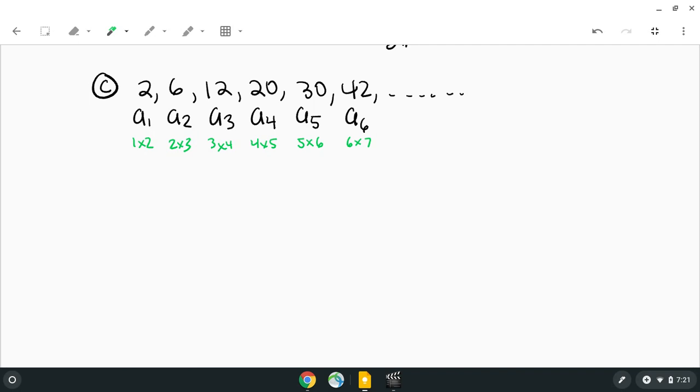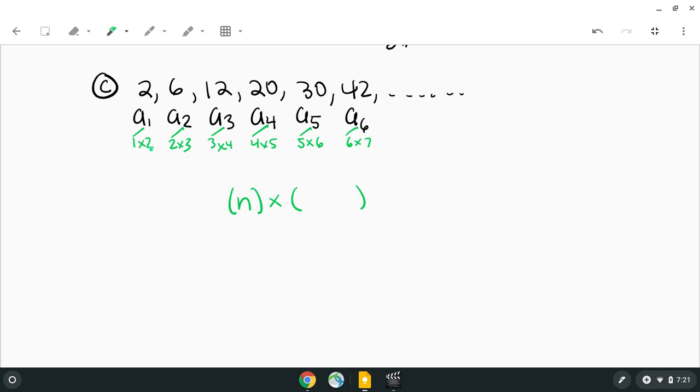Okay, so we already know that this first number is n, right? So it's going to be n times something, because these all match, right? 1, 1, 2, 2, 3, 3, 4, 4, 5, 5, 6, 6. So the question is, how do we represent that second part? If this is n, how can I represent this in terms of n?